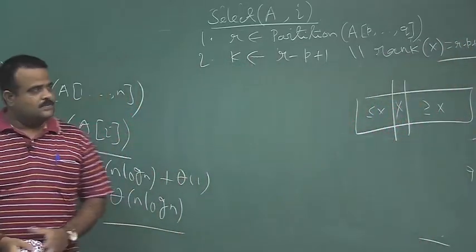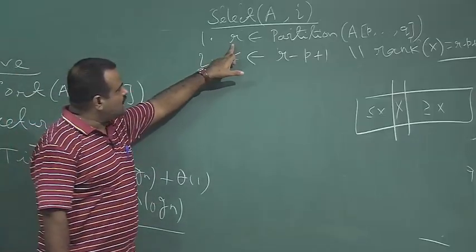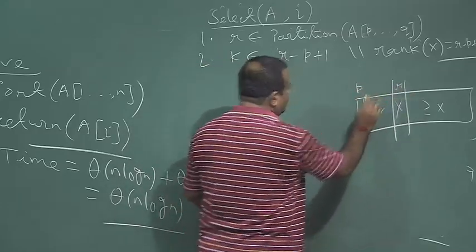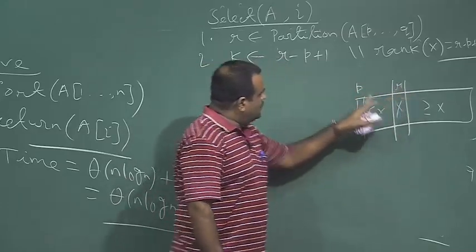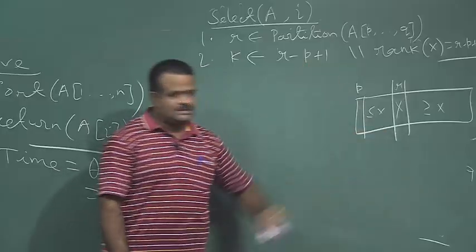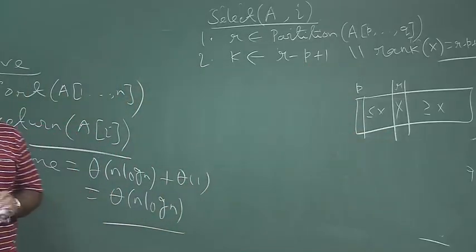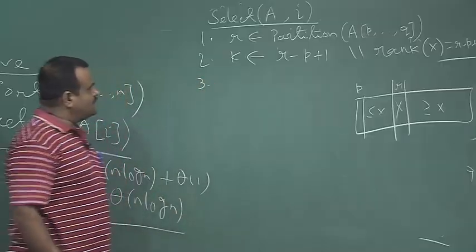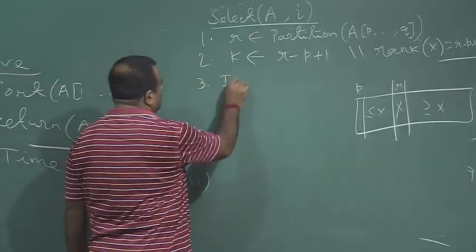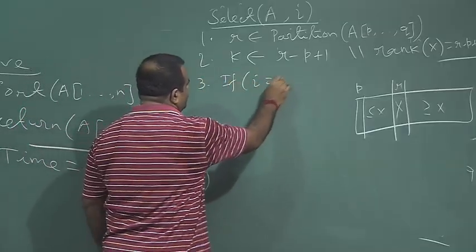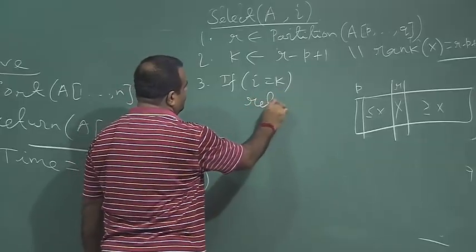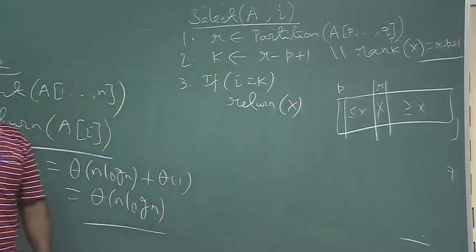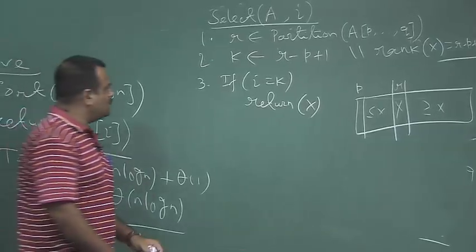It is returning the position r of that array, and the array is starting from p. So, the position of this element is r minus p plus 1, that is the rank of the pivot element x. Now, we are looking for the ith smallest element. So, if i is equal to k, then we are done, we are lucky, just return x, that is the ith smallest element we are looking for.